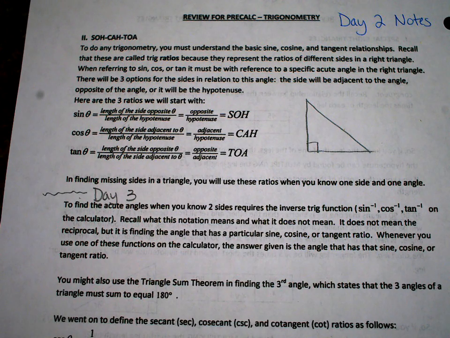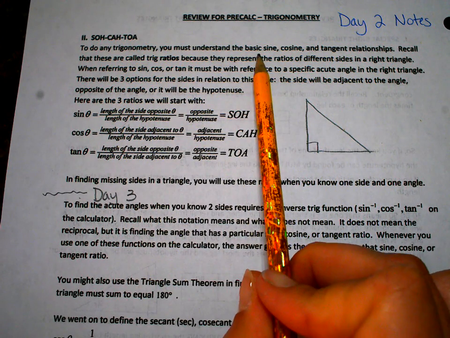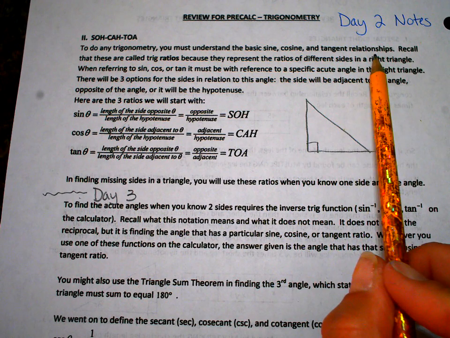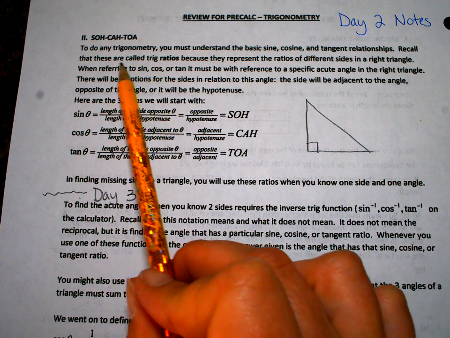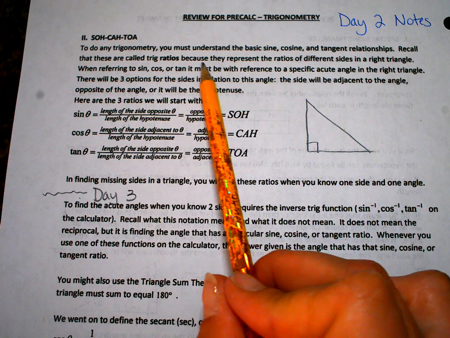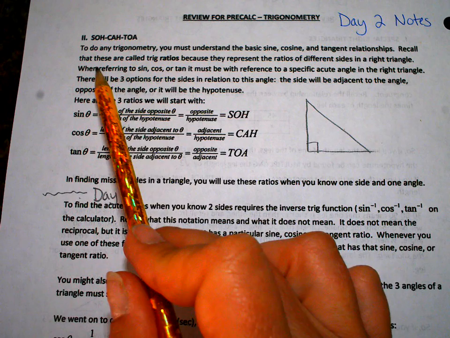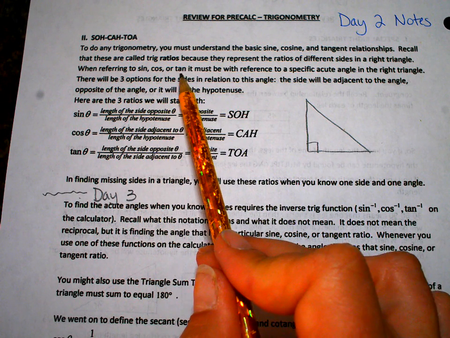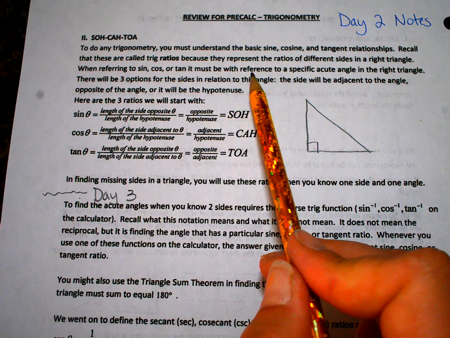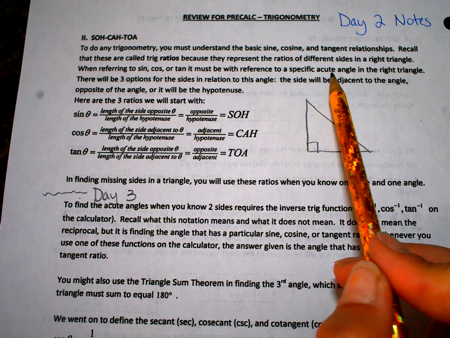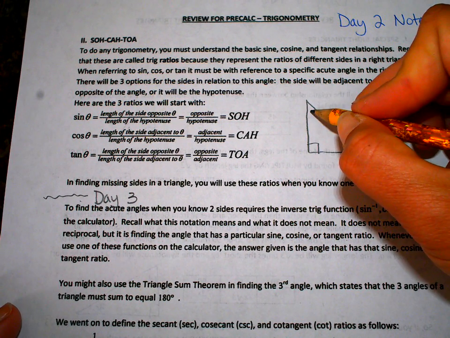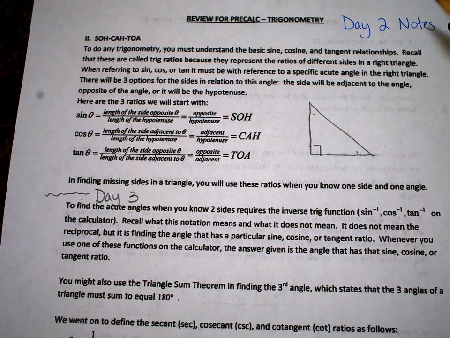To do any trigonometry, you must use the basic sine, cosine, and tangent relationships. Recall that these are called trig ratios because they represent the ratios of different sides in a right triangle. When referring to sine, cosine, or tangent, it must be with reference to a specific acute angle. That's this angle or this angle in the right triangle.